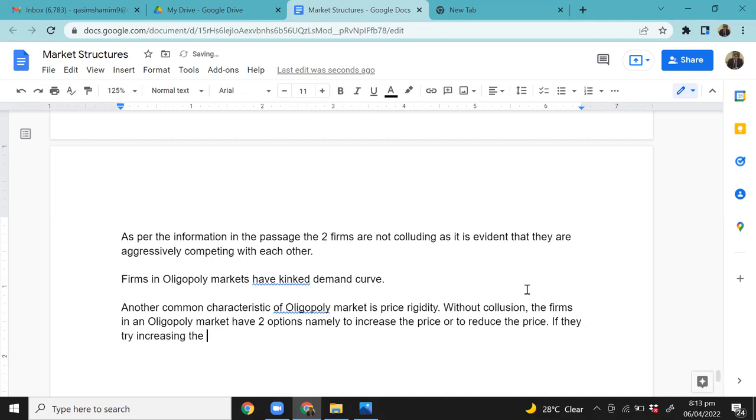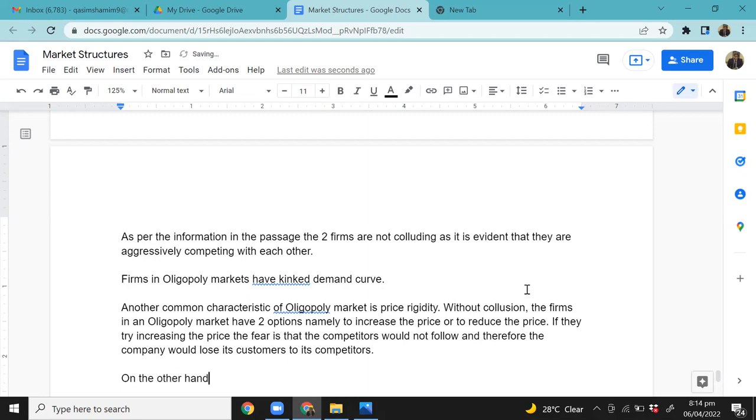Increasing the price, the fear is that the competitors will not follow, and therefore the company will lose its customers to its competitors. Is this making sense?